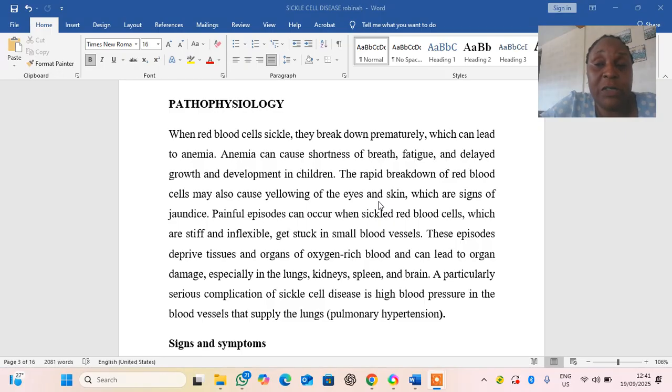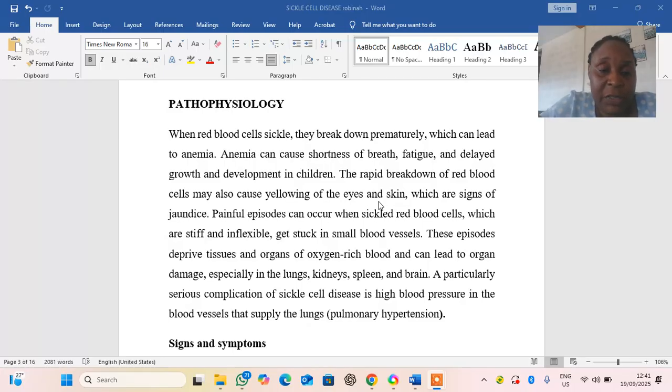That is why you see, especially in children, that these children will complain of pain in the fingers and even in the toes and even in the joints, because around those places there are very many branches of smaller blood vessels, and the sickle cells will occlude there and block the flow of blood to those areas.